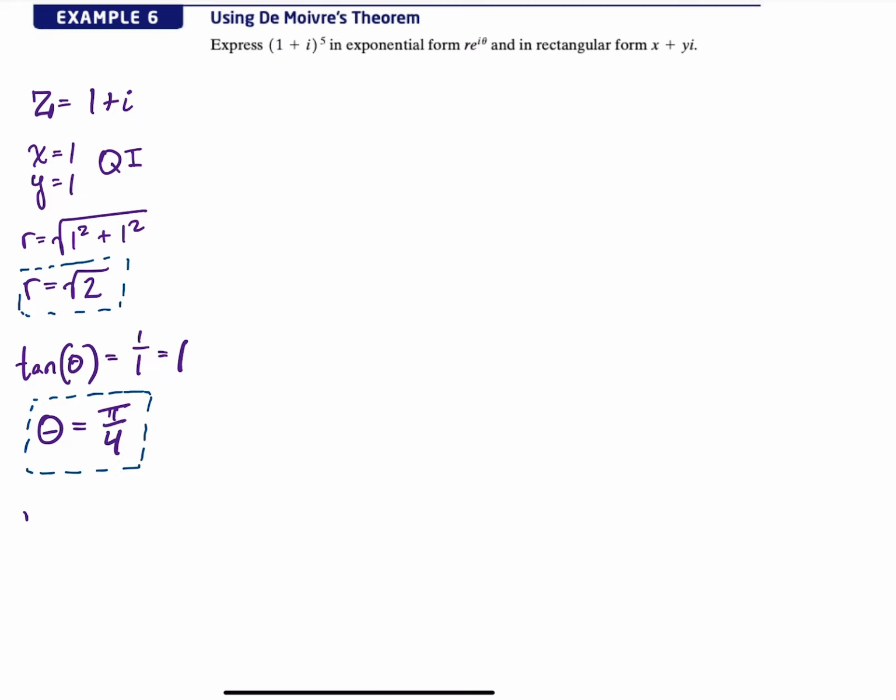So that means in exponential form, our complex number is the square root of 2 times e to the power i pi over 4. So that can be our starting point.